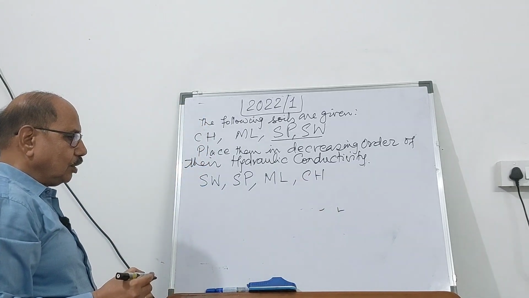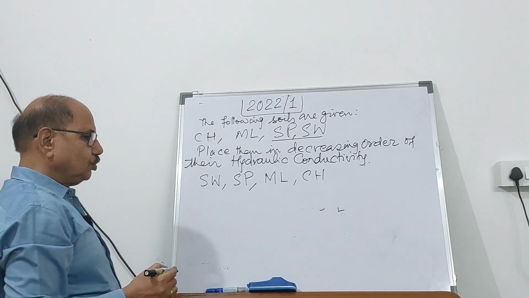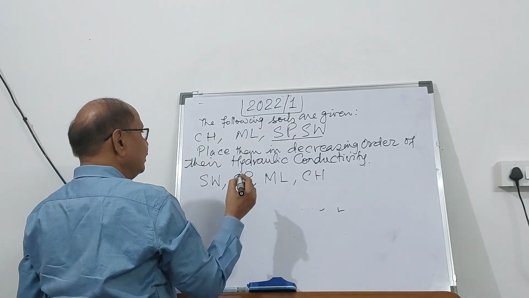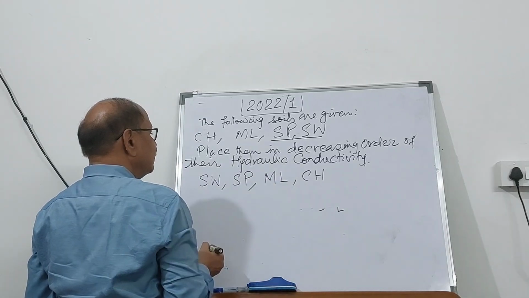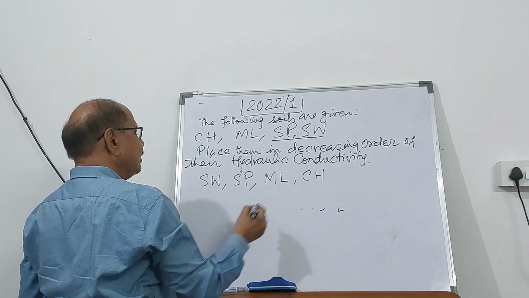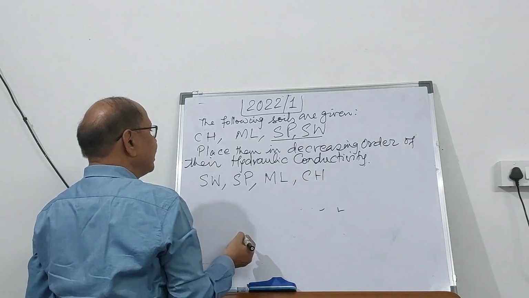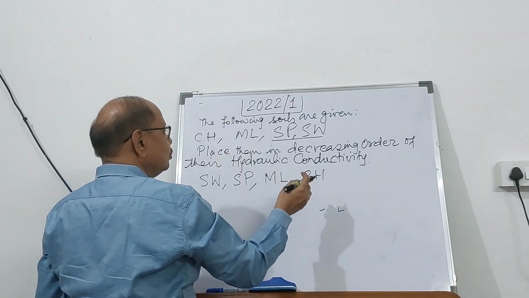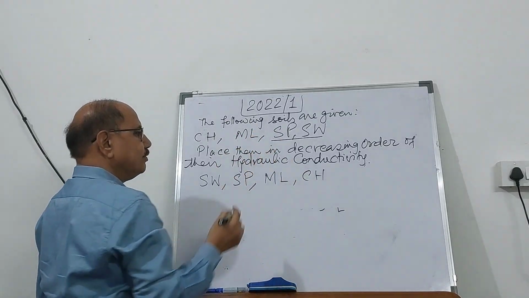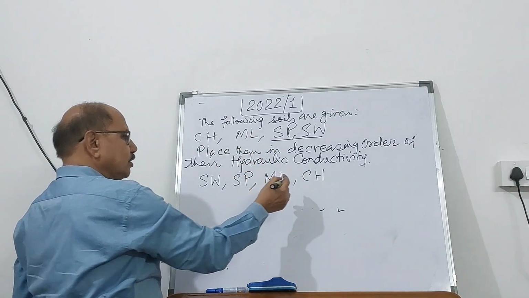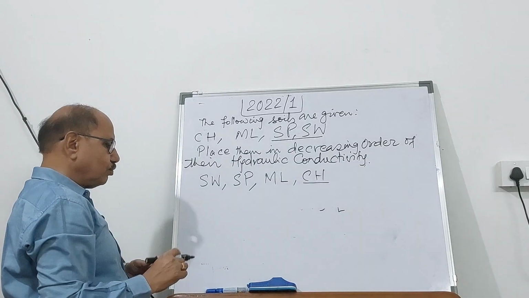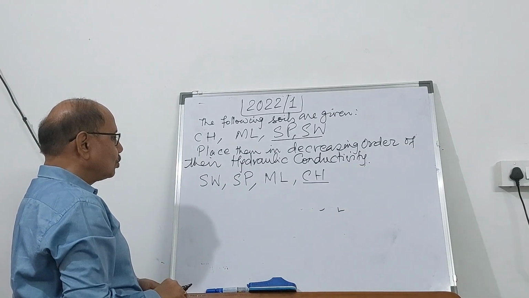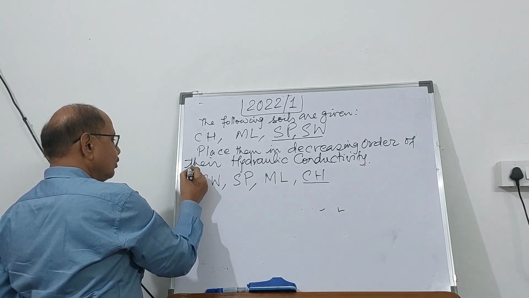So well graded sand, poorly graded sand, silt with low plasticity, and clay with high plasticity has the least value of hydraulic conductivity. The permeability is so low that it doesn't permit the flow of water through it. So the answer is going to be like this.